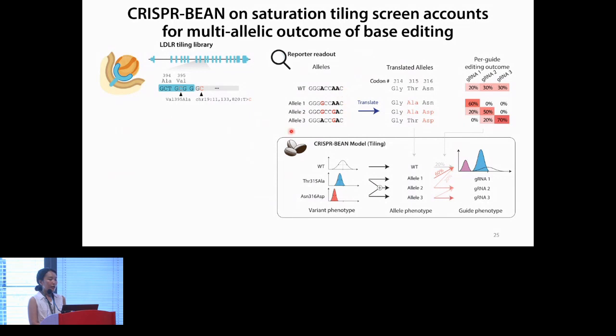And here I am allowing each guide to have more than just one edited allele, allowing for multiple alleles per guide and information sharing. If that same allele occurs multiple times between neighboring guides, we allow for information sharing. Oh, I see. So the next target along, you would share. Yes. Okay.